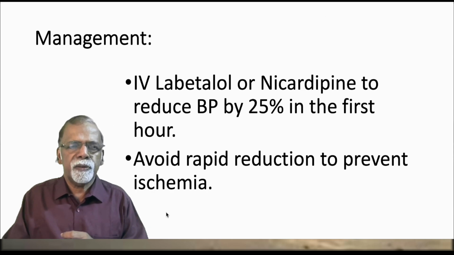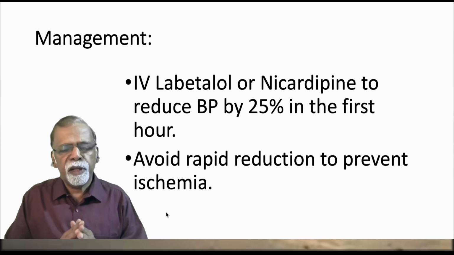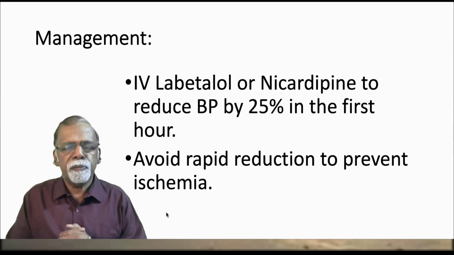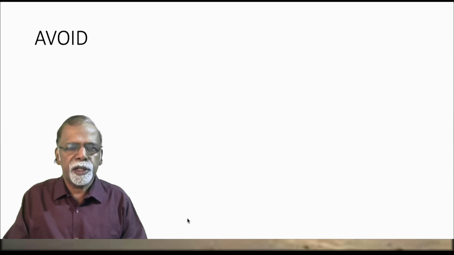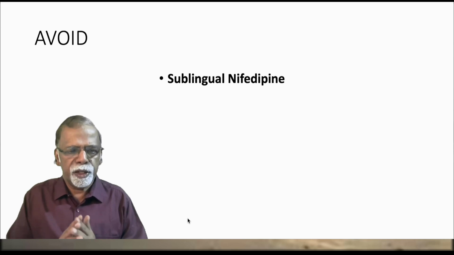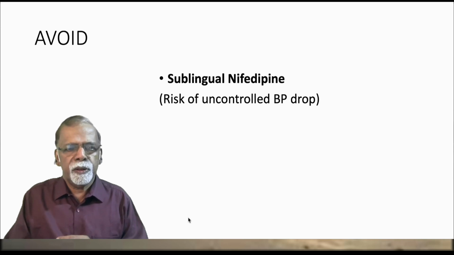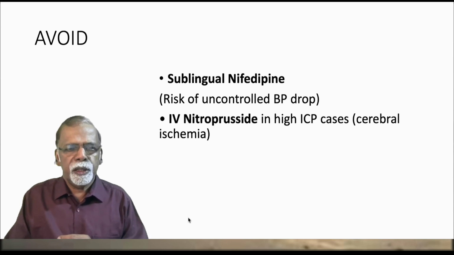In other situations, other drugs are given. So manage with IV labetalol or nicardipine, reducing BP by a maximum of 25% of the mean arterial pressure in the first hour. Avoid rapid reduction, as I already mentioned, as you can precipitate ischemia. Avoid sublingual nifedipine. Sublingual nifedipine should not be given because of the risk of sudden BP fall.